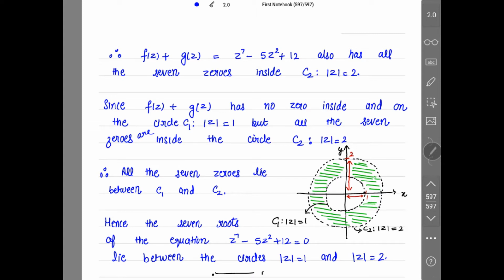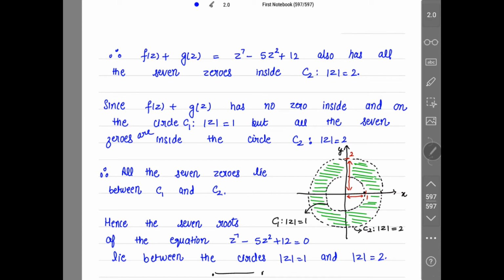See, this is your inner circle C1, which has the radius 1, and the outer circle C2, which has the radius 2. So all the roots are lying in this annulus, which is your green colored portion, right? No root of f(z) plus g(z) lies inside C1.